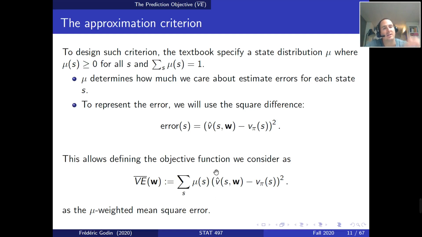We're going to discuss what the textbook proposes for mu in the next slides. But the textbook proposes to learn the parameters W to form the best possible approximation of the value function so as to minimize that weighted mean square error.